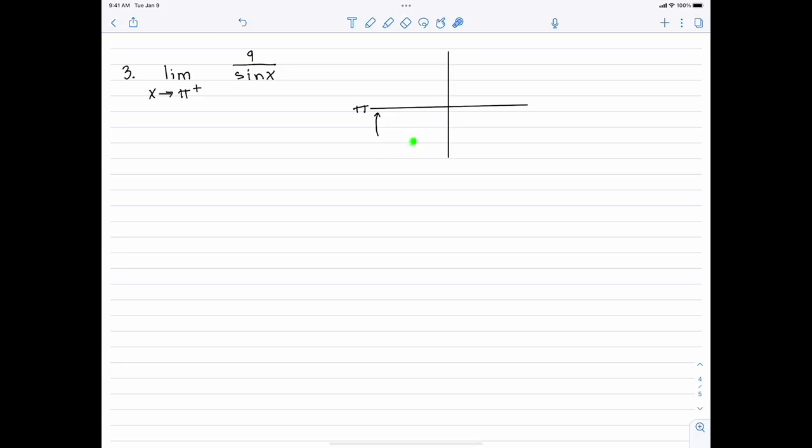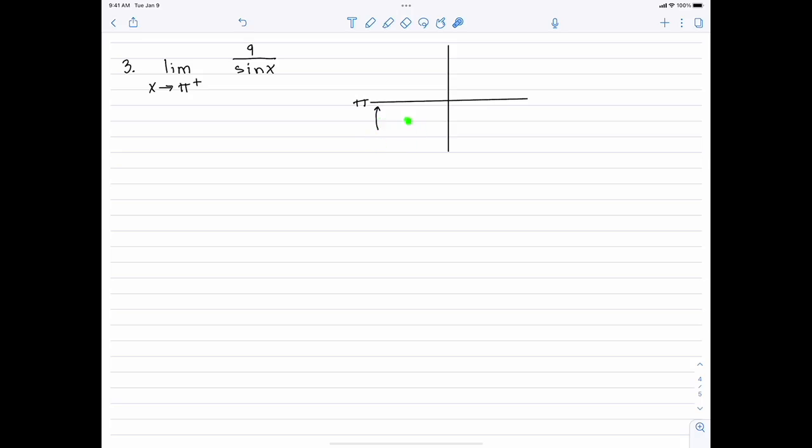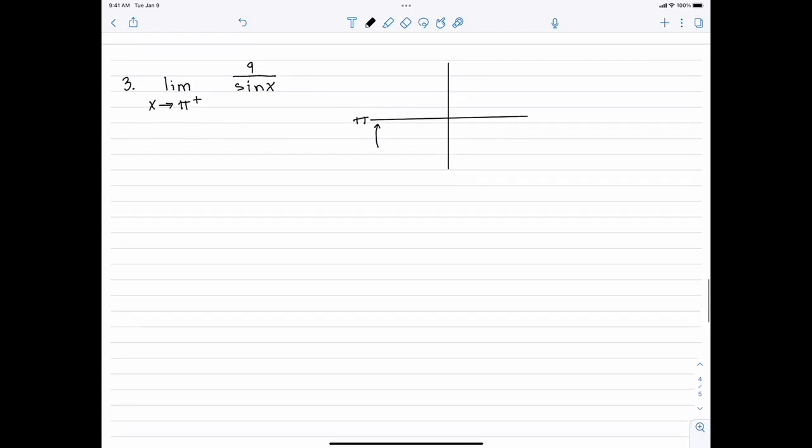Would you guys agree with me that anytime I evaluate sine at any number in quadrant 3, which is exactly what I'm going to do, any number that's larger than pi, as I approach pi from the right, is going to be negative. So this is going to be a positive divided by a negative, so my answer is going to be negative infinity.